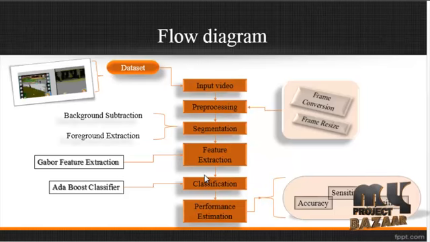After the feature extraction, the classification is done to identify the gender and age of the people. Here we use the AdaBoost classification technique to classify. After the classification step, the performance estimation is done. In this performance estimation, we use accuracy, sensitivity and specificity. By using these three parameters, we can justify that our process is efficient.